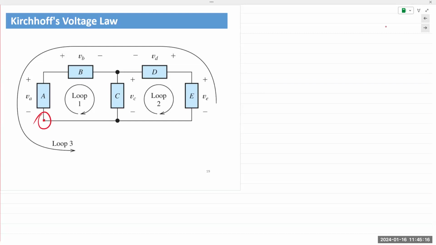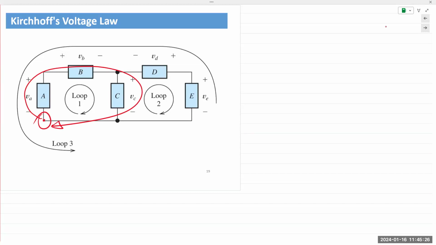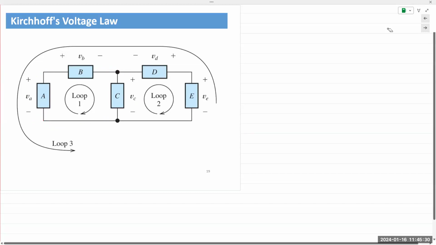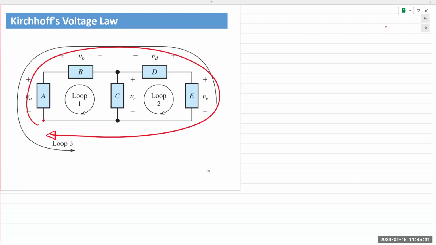The goal is to start from this corner and come back to that same point. So I get loop 1. I can also start at the same place and go around the outer loop. In this case, it's marked as loop 3.